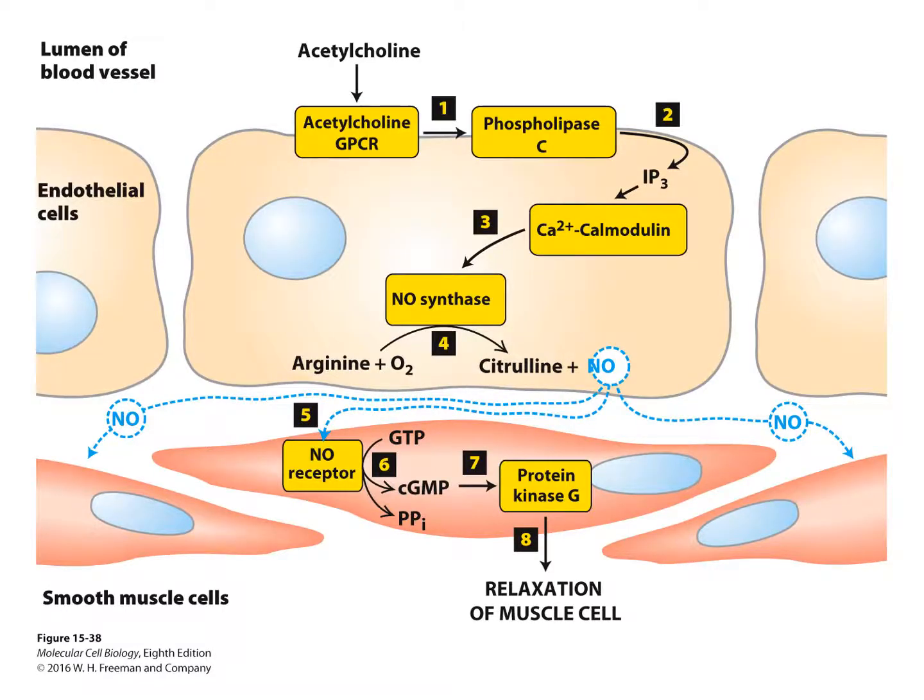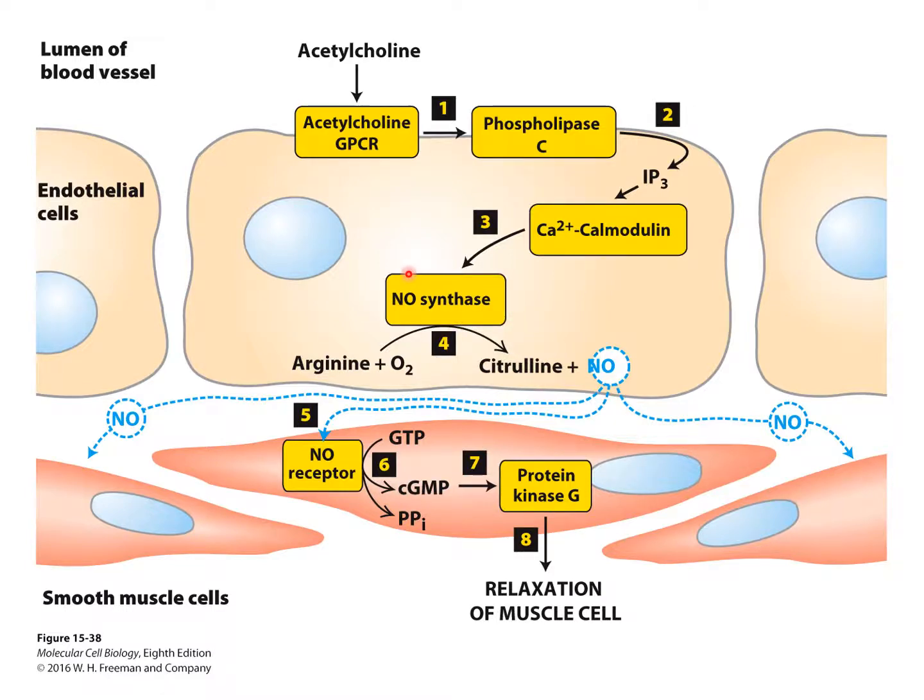This slide here is becoming increasingly important in medicine in general and research, and I have a strong suspicion it'll show up on a lot of things, maybe including this test. So acetylcholine will bind to this G protein coupled receptor, which activates a phospholipase C pathway. So this is going to be the IP3 DAG, which is going to release calcium, which is going to then activate nitric oxide synthase.